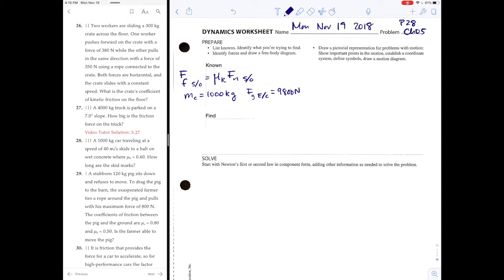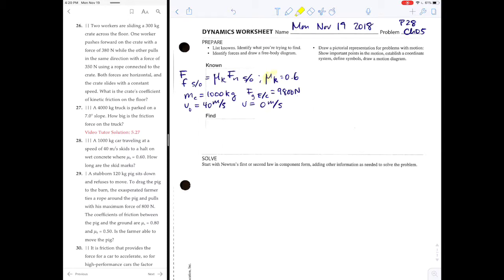We know that it's traveling at a speed of 40 meters per second and then it skids to a halt. So the starting speed is 40 meters per second, and its final speed is 0 meters per second, on wet concrete, where mu sub k is 0.6. And there are no units for the coefficient of friction. It's unitless.